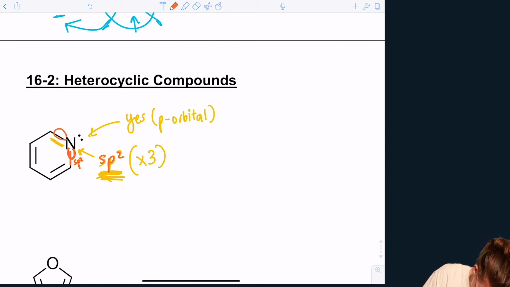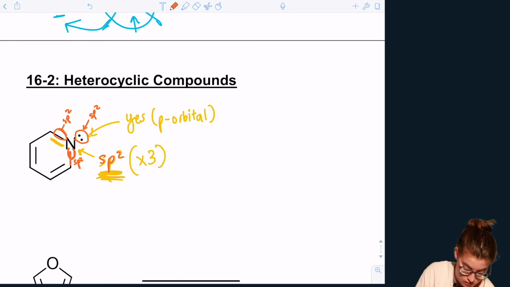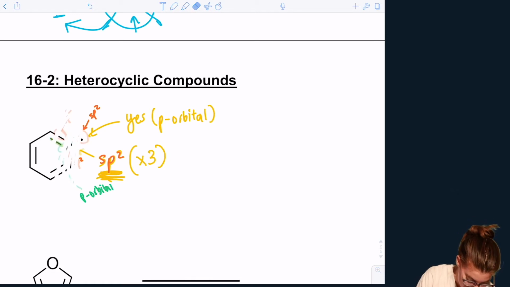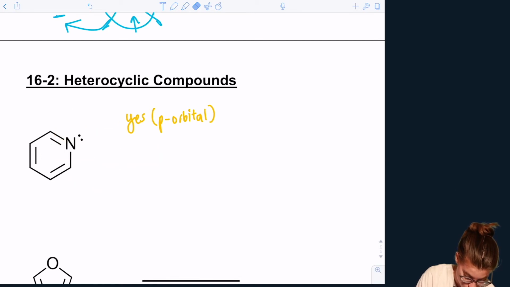This sigma bond is being made using one of the nitrogen's sp2 orbitals, leaving this lone pair to be in the last and final sp2 orbital. And then this pi bond is formed using the p orbital. Okay, I'm going to erase all that because it looks a little bit messy. But that was a little bit about the orbital layout for that nitrogen.